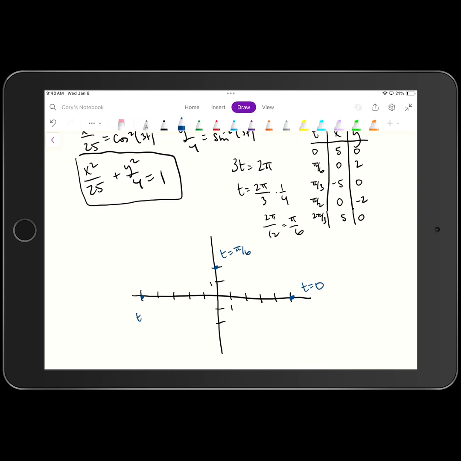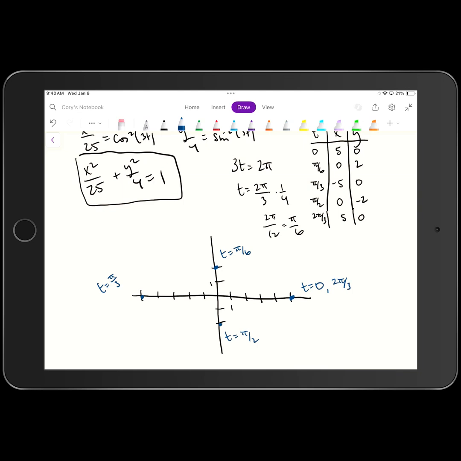Sorry, let me move this over here. So at pi over 3, we're at the point -5, 0. At t equal to pi over 2, we're at the point 0, -2. And at t equal to 2 pi over 3, we're back at the point 5, 0.